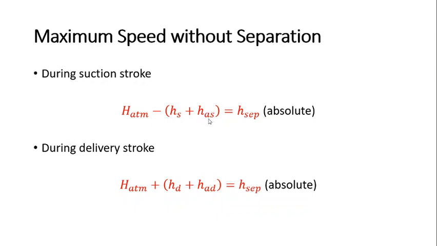Then if you know omega, you can calculate n also, because omega is equal to 2 pi n by 60. So n is the speed of the crank in RPM.